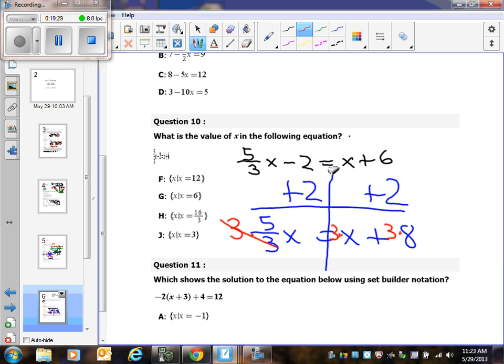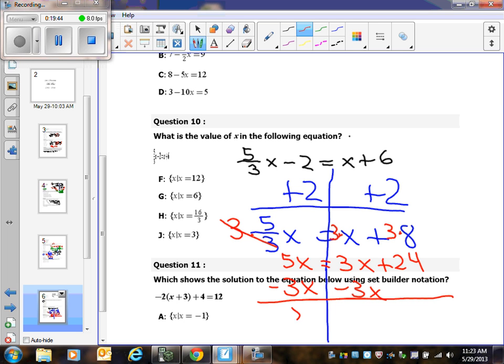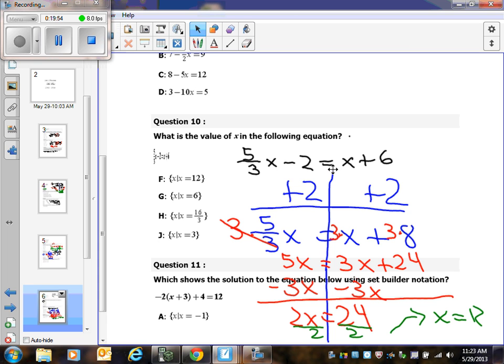So these 3's cancel. You're left with 5x is equal to 3x plus 24. Now, subtract 3x on both sides. And you're left with 2x is equal to 24. And then divide both sides by 2. And you'll get your final answer of x is equal to 12.